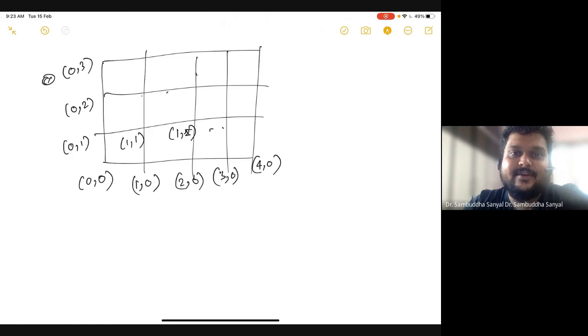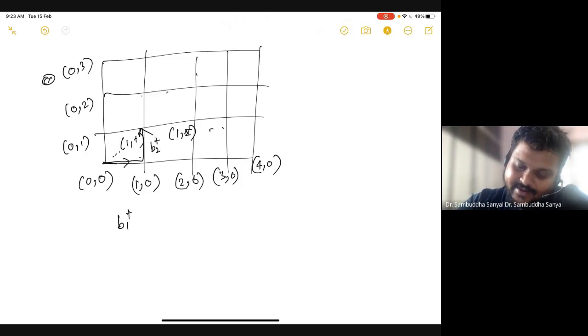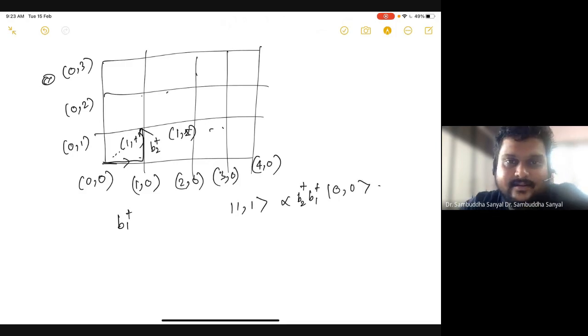So now this Rukmini wanted to always go like this. So how will I go from 0 to 1? Okay, I can go in this way. If I go in this way, I first act B1 dagger and then I act B2 dagger. So 1, 1 is proportional to this, right? Or I can go in this way also.